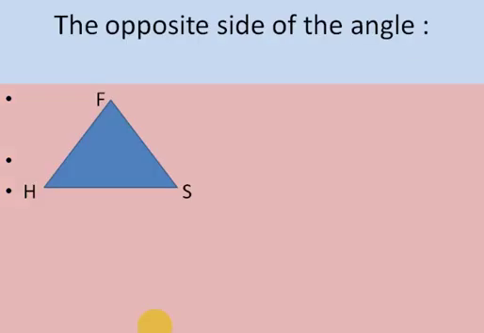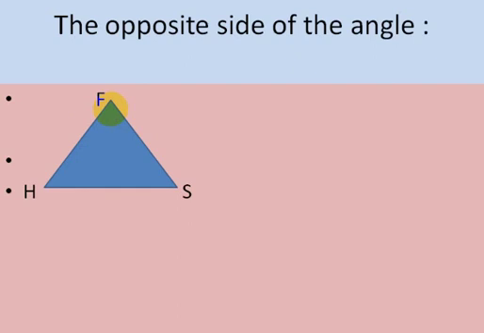Now, what do we mean by the opposite side of the angle in a triangle? We have this triangle. Let's take the first angle here. It's HFS. So it means this angle. The opposite side, opposite means facing.